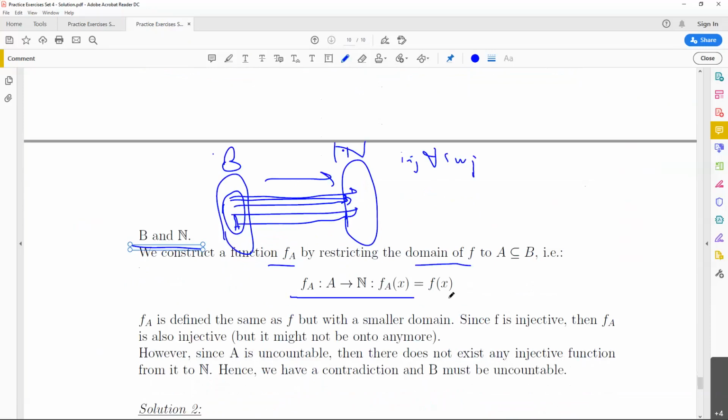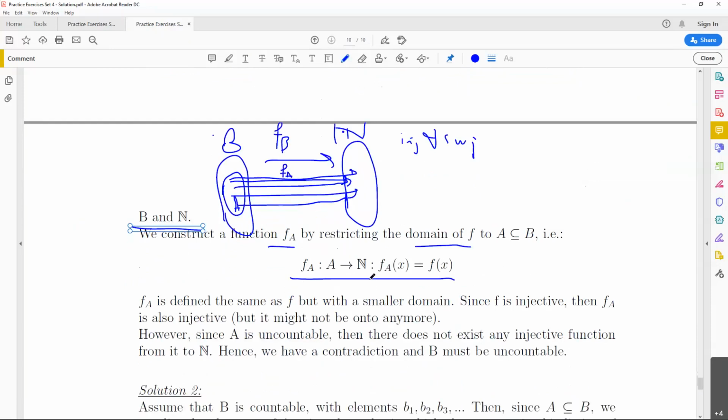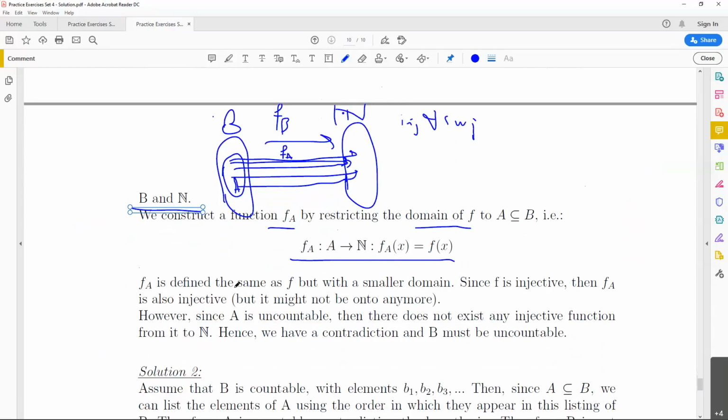Let's say this is f of B. We created a smaller f of A. What do we know about it? Since f is injective, f of A is also injective, right?